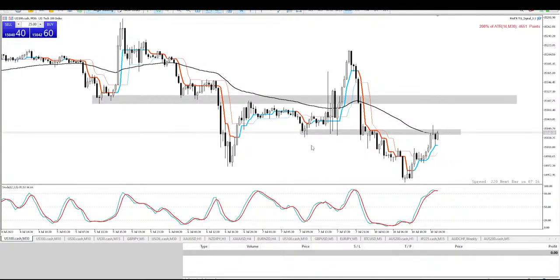So this, if I were to go long after confirmation here, it would probably be like a 1 to 1.5 hour trade.